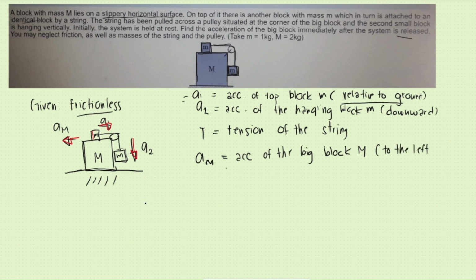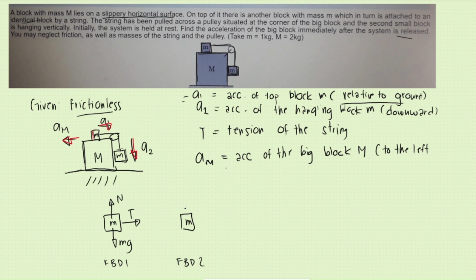Let's examine their individual free body diagrams, starting with the small block on top of the big block M. We have the normal force, its weight mg, and the tension. These are the forces acting on the block on top of the big block. That's FBD1. Now FBD2, the hanging block.